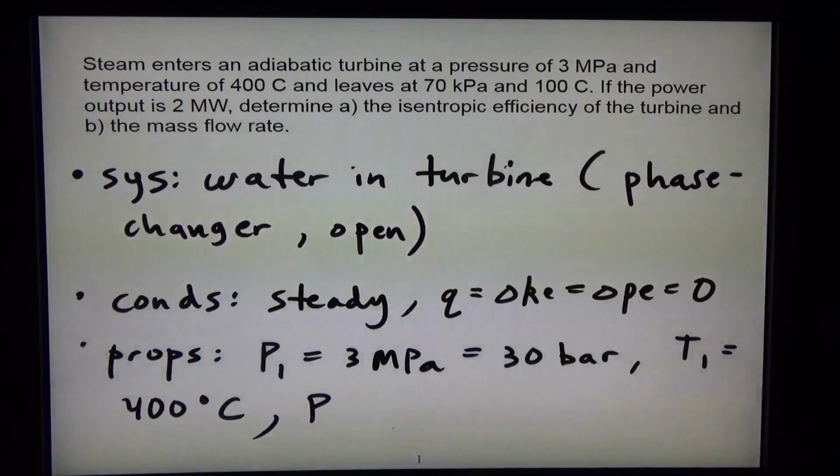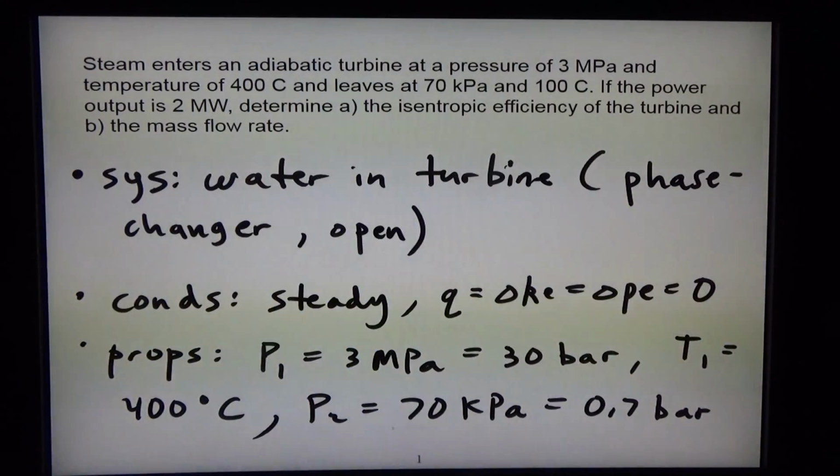At the exit we have a pressure of 70 kilopascal or 0.7 bar and an exit temperature of 100 degrees Celsius. So we're solving for two things: isentropic efficiency and the mass flow rate through the turbine.